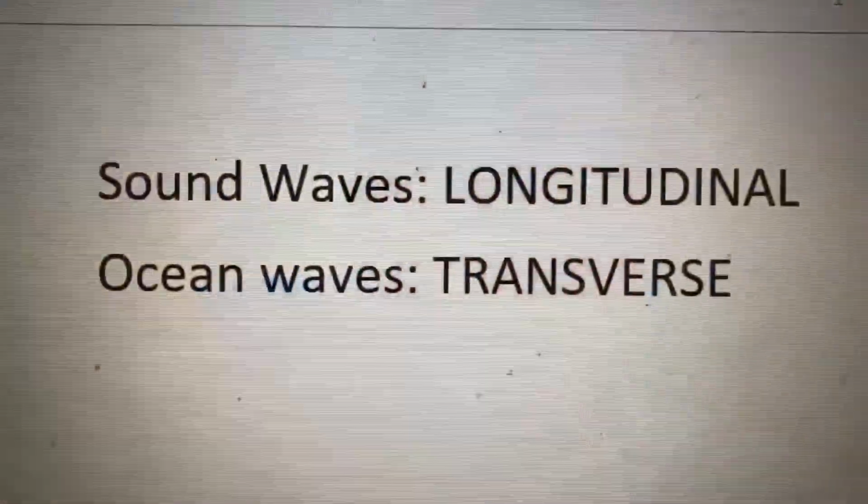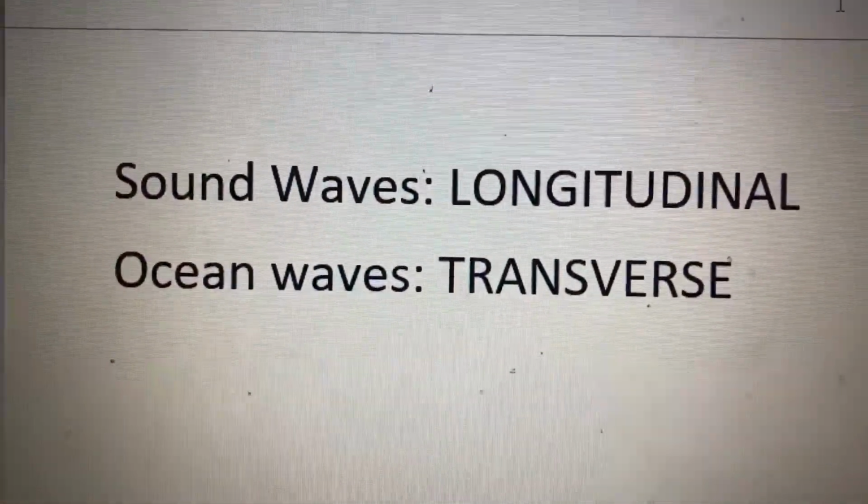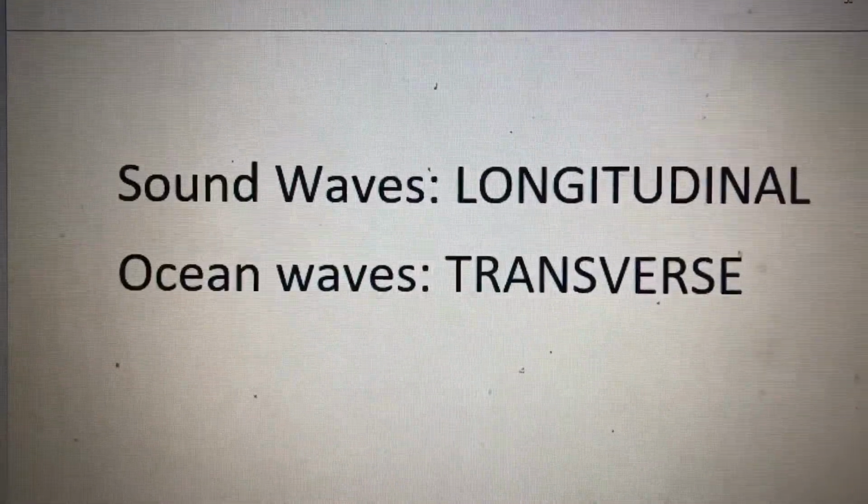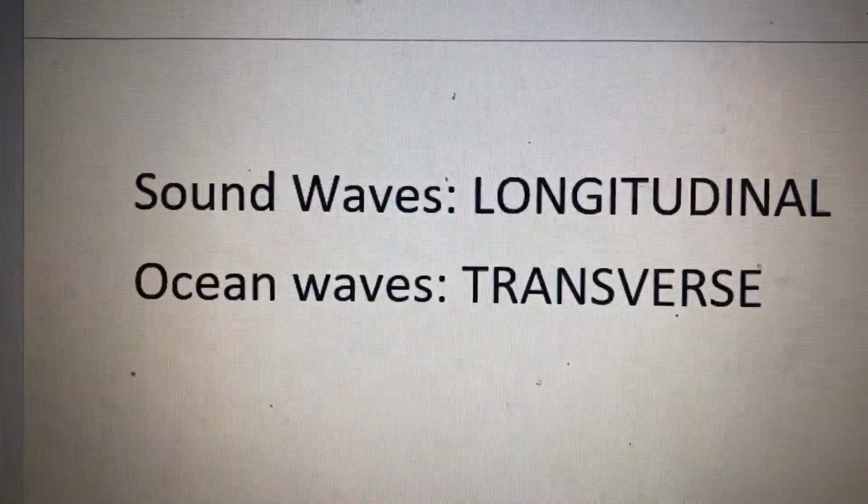Because the energy is moving in one direction, but it's caused by something pushing down and then up. So sound waves are longitudinal, ocean waves transverse. It's important to remember that and the reason.